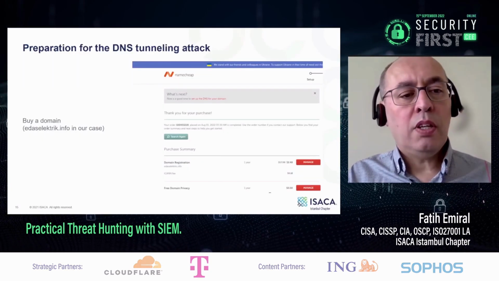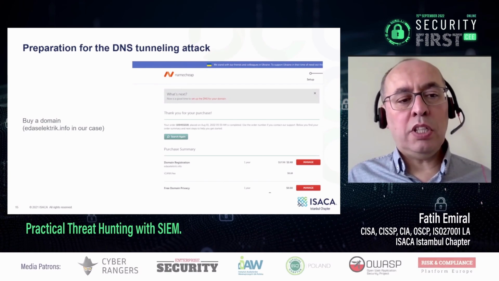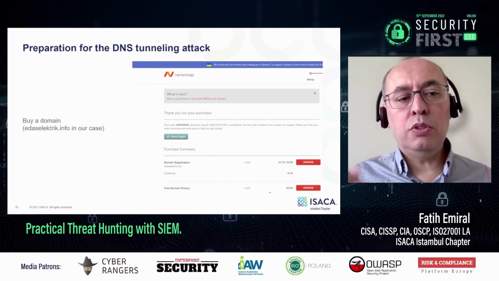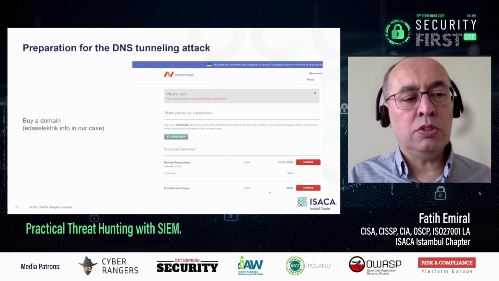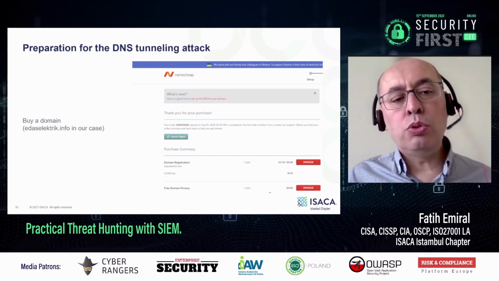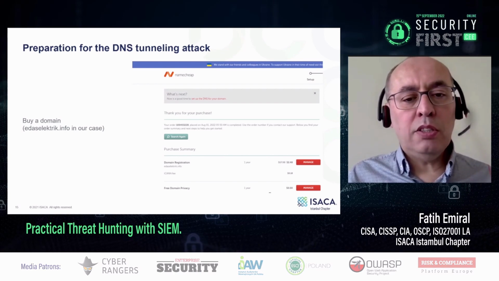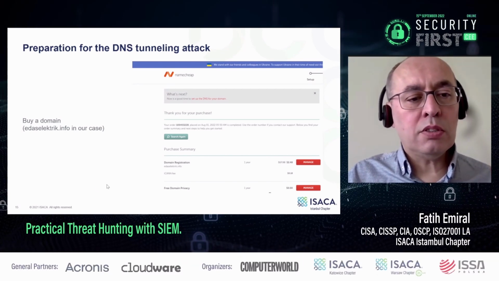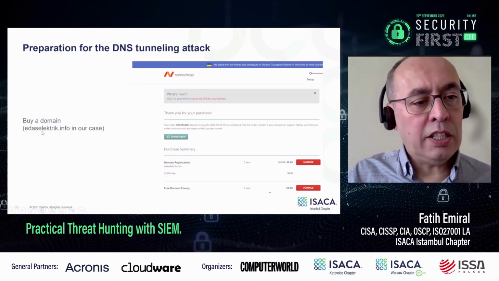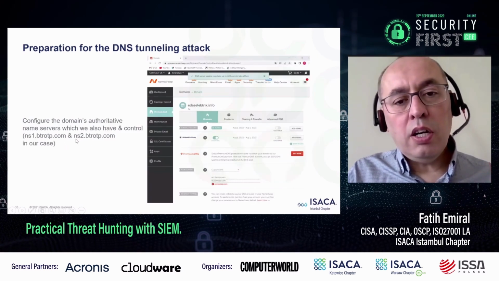If I'm the attacker who wants to use DNS tunneling to intrude into a network, such as in an APT attack, which is going to take a long time span, I'm going to buy a domain name, such as here, edaselectric.info.